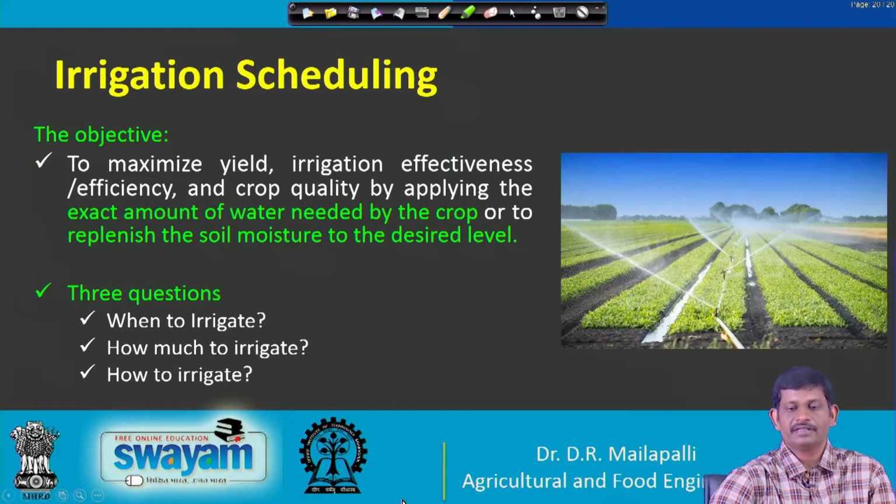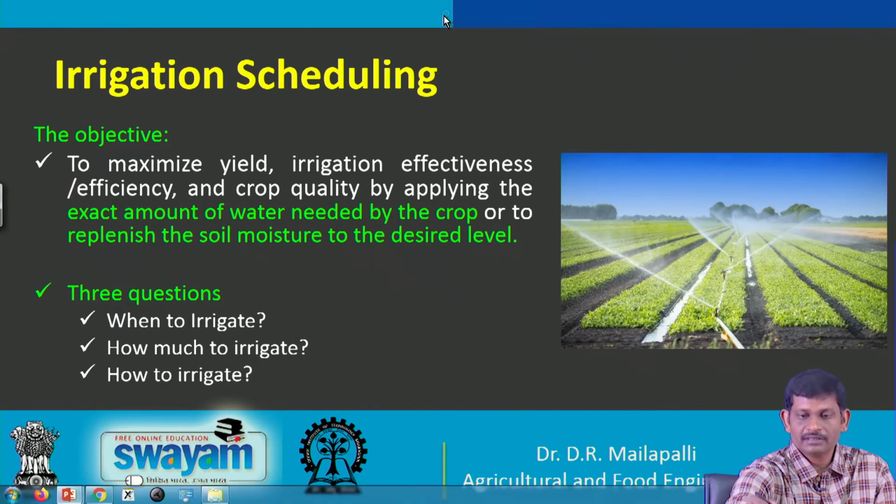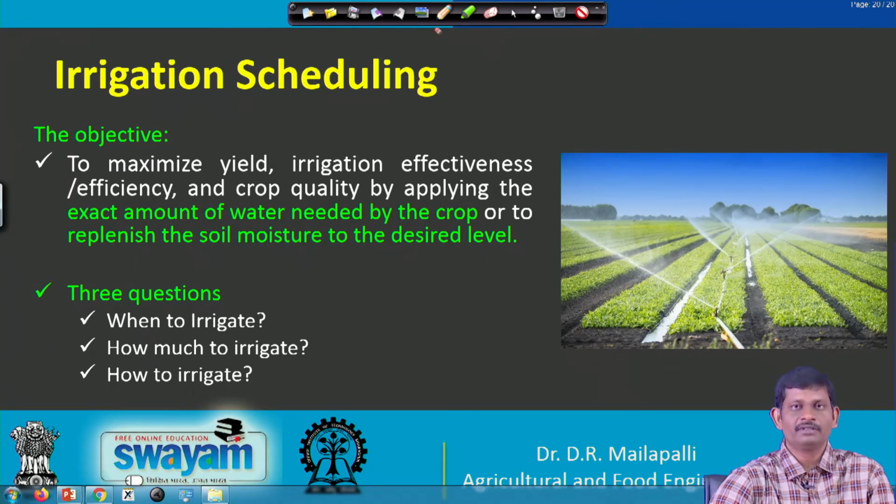And then irrigation scheduling. How are we going to use the water balance equation in scheduling irrigation? The main objective of irrigation scheduling is to maximize the yield and the irrigation effectiveness, that is, maximize the yield and also the efficiency of the irrigation system.